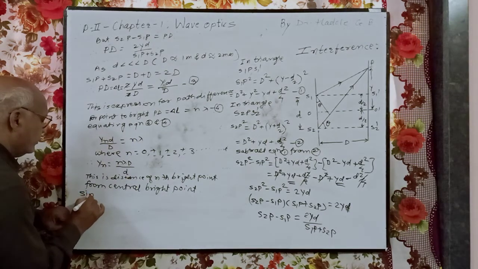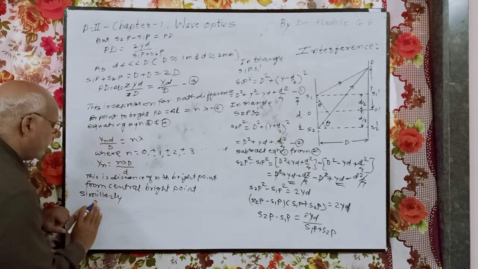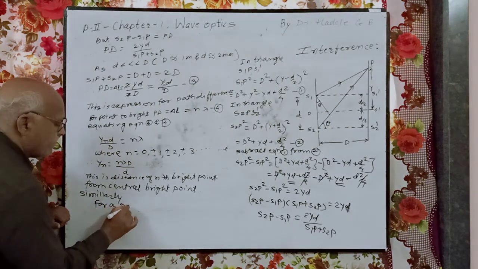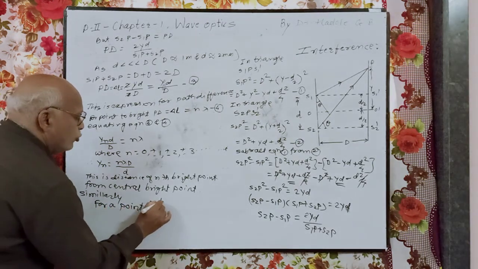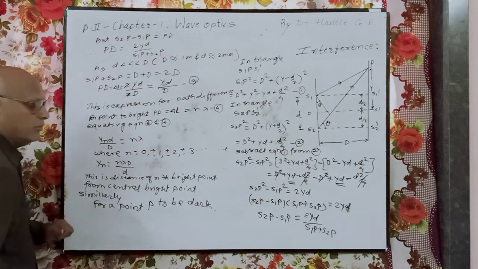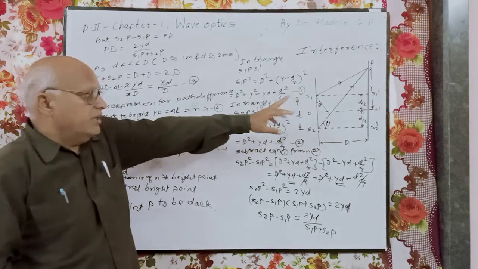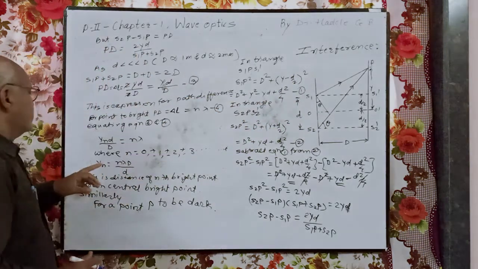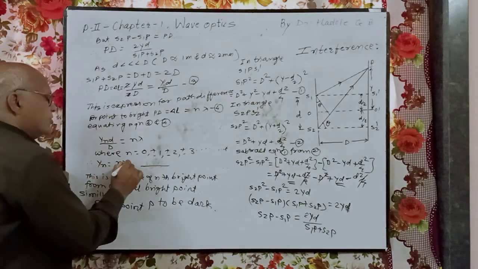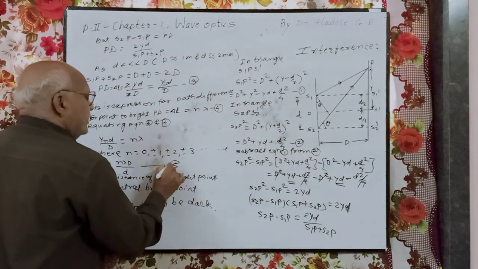Similarly, for a point P to be dark, now suppose that this point P is dark. See here, if point P is a bright point, then this point will form at this distance n lambda D upon small d from the central bright point.